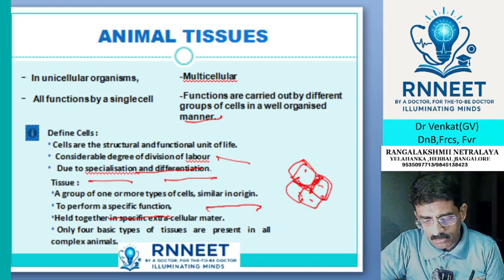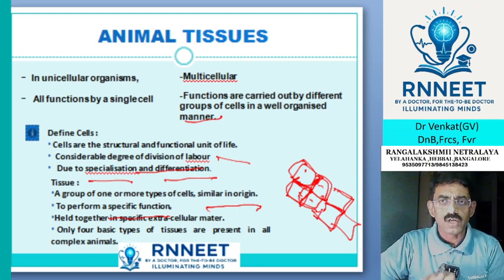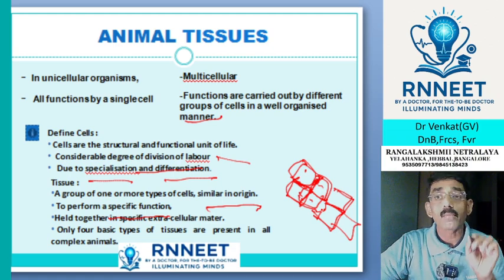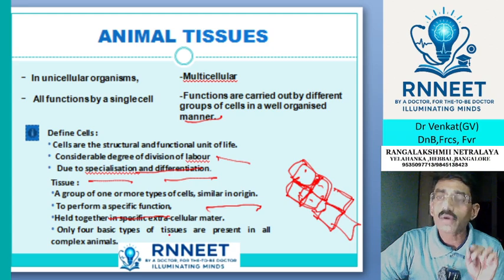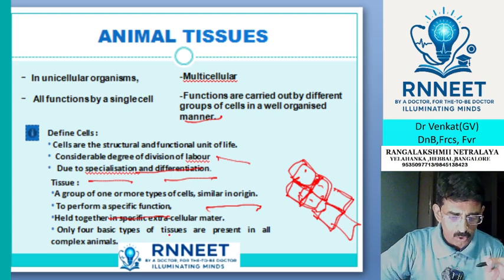There will be some substance like a cement. If you have bricks which are held together by some kind of a substance, this substance becomes your intercellular matrix or extracellular material. You can call it extracellular or intercellular, both are okay.